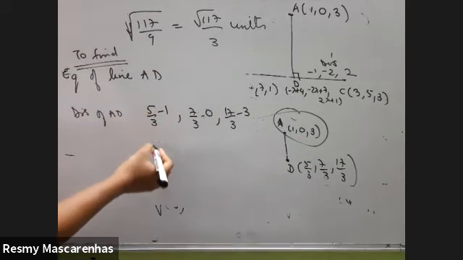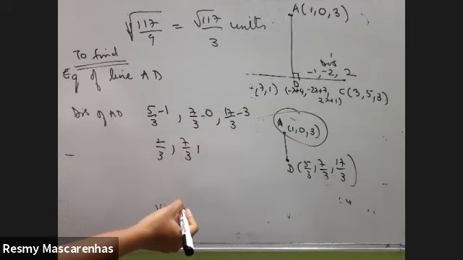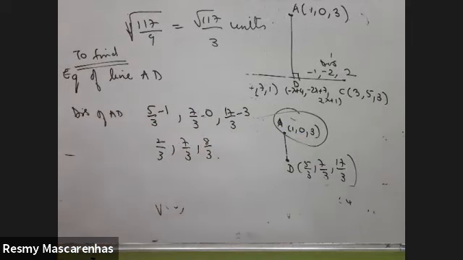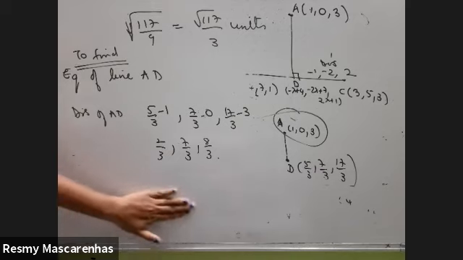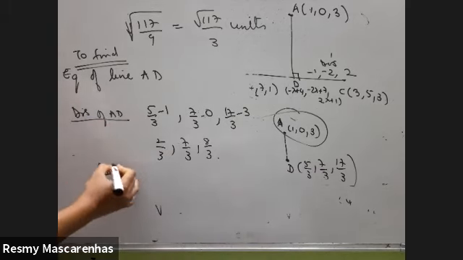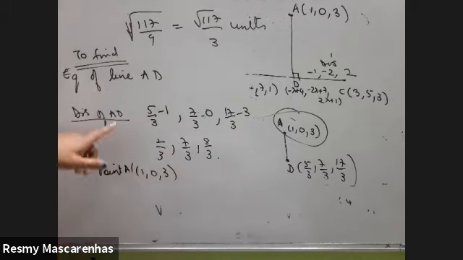So cross multiply. So these are your direction ratios. And the point is what? So you know the point, you know the direction ratios.